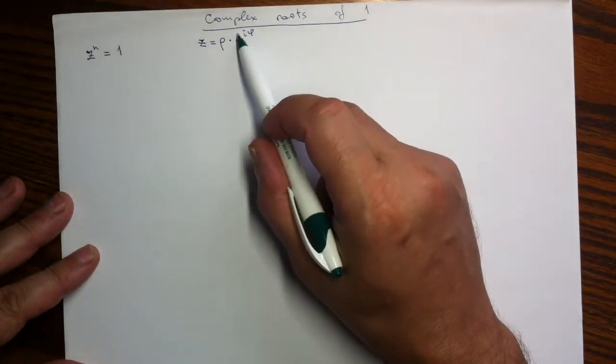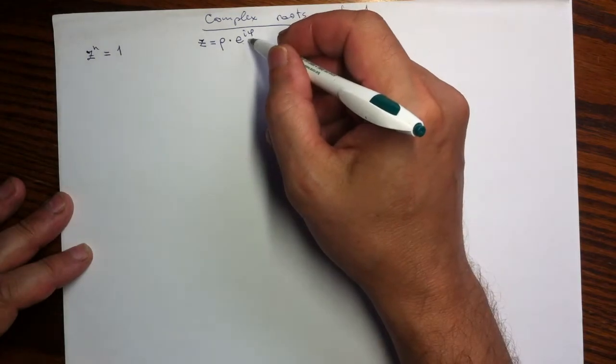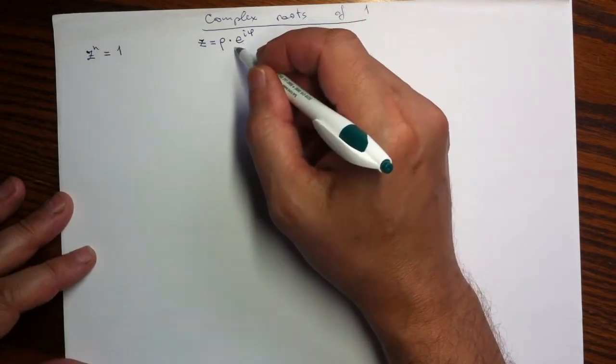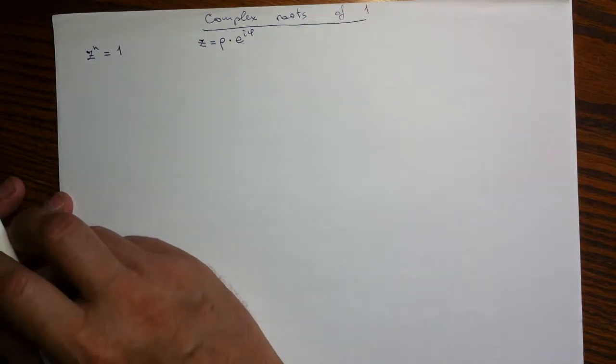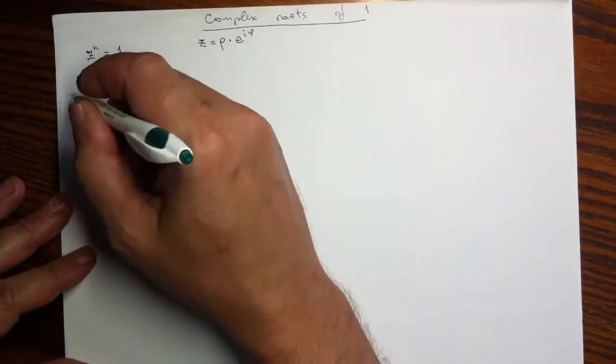So that exponential to the i phi is really cos phi plus i sin phi, but we're going to use it only at the very last stage. All the computations will be done using this compact and convenient trigonometric form. So let's plug it in and compare the left and the right sides of the equation.